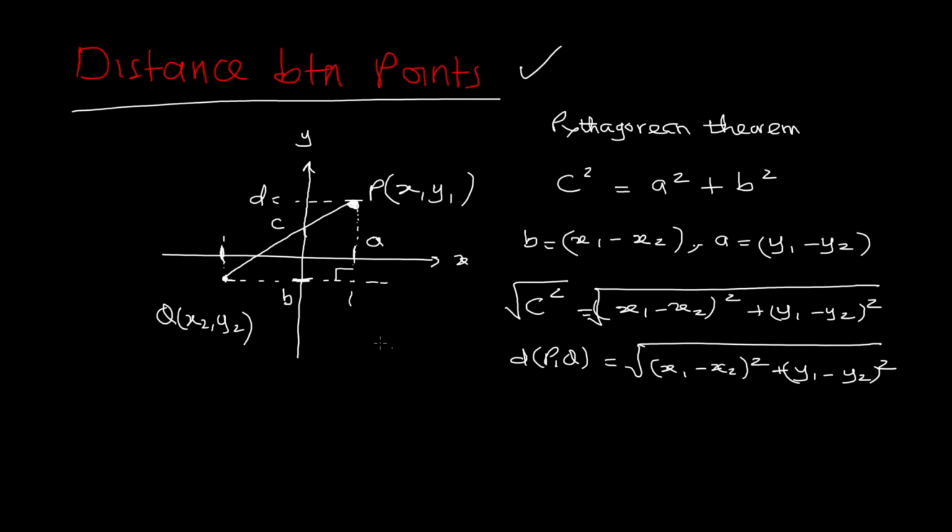So normally x will have a number, y will have a number, x1 and y1 will have real numbers. Then those are the ones that you replace in here to get the distance. So let's do one example.